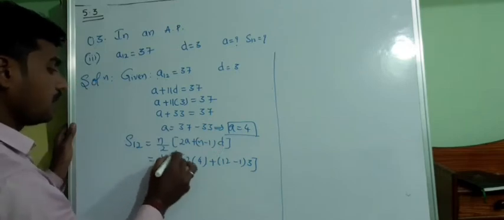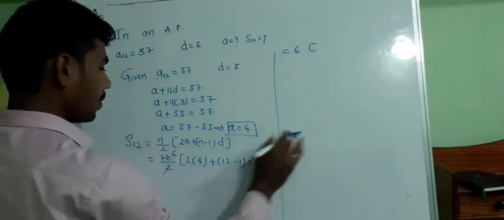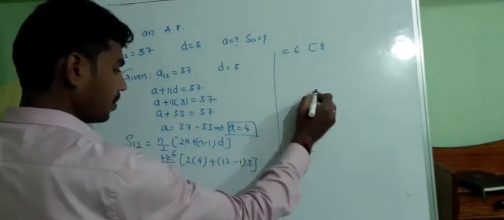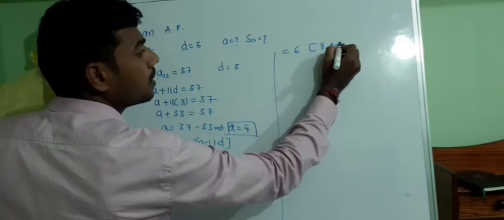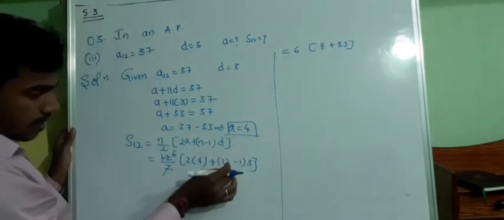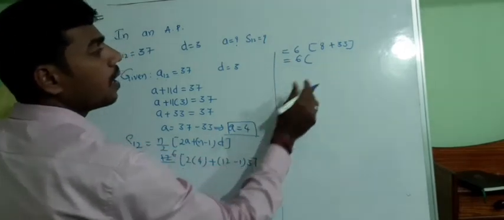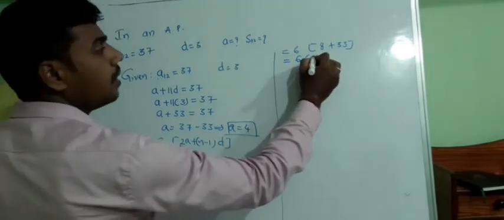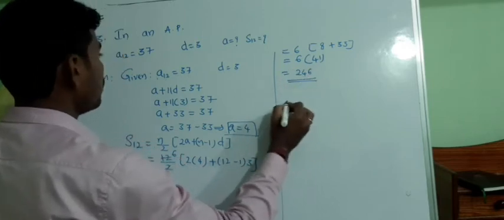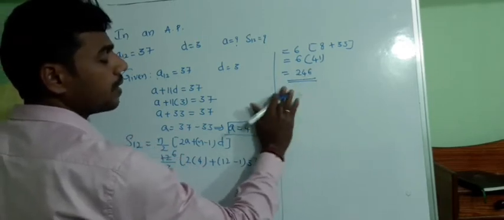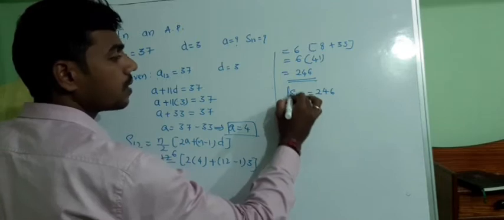So 2 1s are 2, 6. 12 minus 1 is nothing but 11. 11 into 3, 33. 2 4s are 8. So 6 into 33 plus 8 is nothing but 41. 6 1s are 6. 6 4s are 24. That is 246. So S12, sum of 12 terms, is equal to 246. Please note this down.